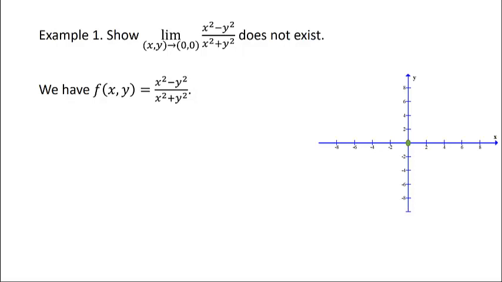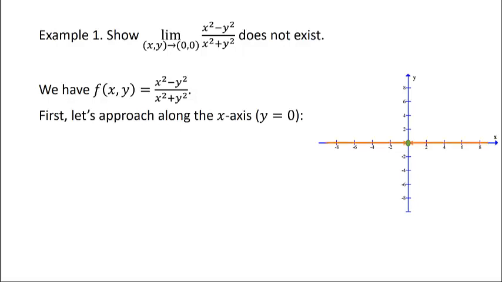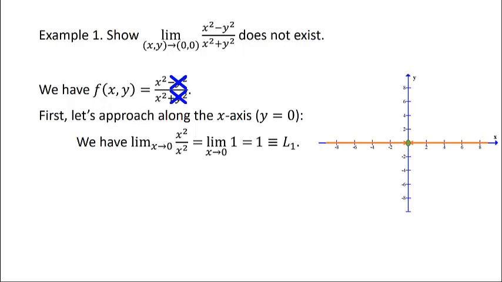So one way to approach the origin is to approach along the x-axis, which is when y equals 0. And so if in our function we let y equal 0, we have the limit as x approaches 0 of x squared over x squared, which simplifies to the limit as x approaches 0 of 1. The limit of 1 is, of course, 1, and we're going to call that our first limit L1.